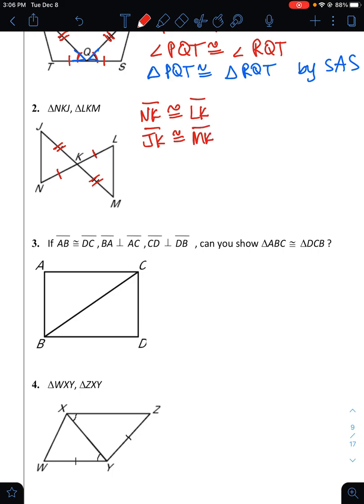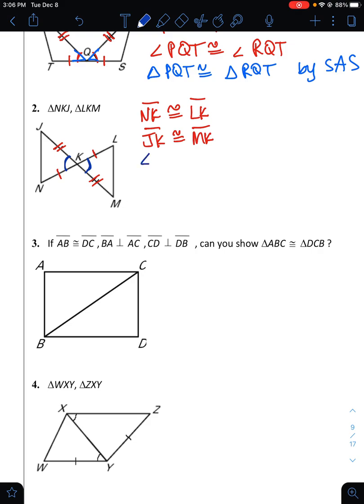As you do this, though, are there things in the picture that you know are true based on prior theorems, properties, definitions, and things like that? I see something else that isn't marked that is congruent. I see this angle on the left and this angle on the right. I see vertical angles. So I want to include that in my decision on whether the triangles are congruent.